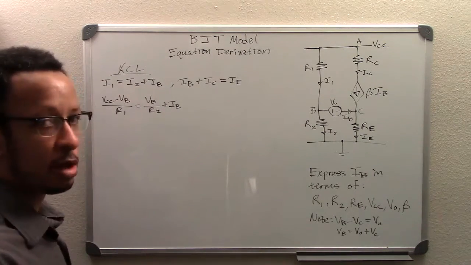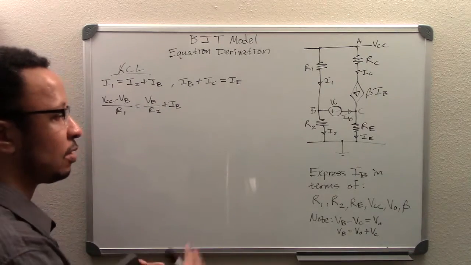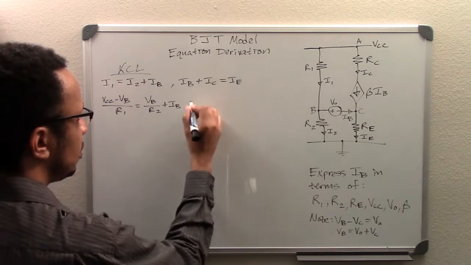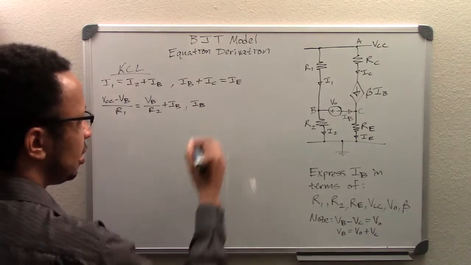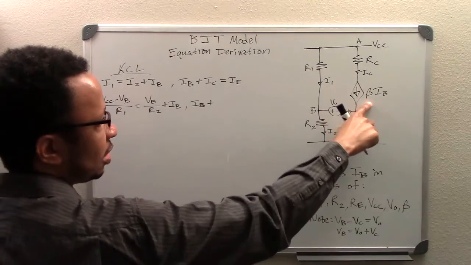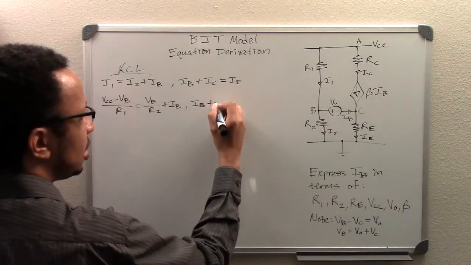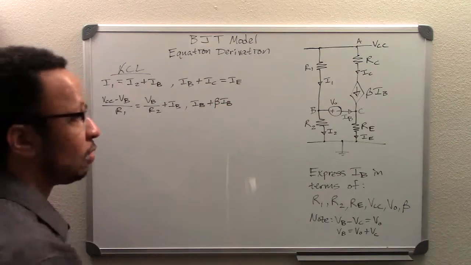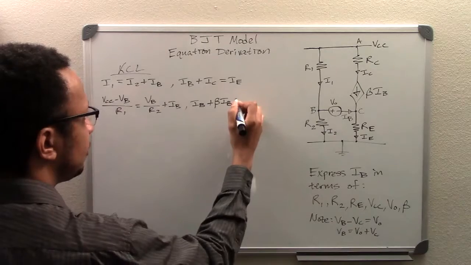So at the end of all of this is going to be IB equals this, this, that, and this, but in terms of these. Now next, again we have IB, we're going to leave that in there, plus IC. Well, IC is equivalent to beta times IB, which is our current-controlled current source over here on our right-hand side.